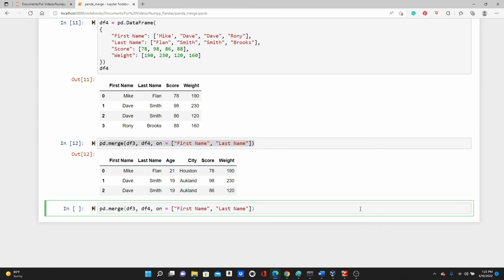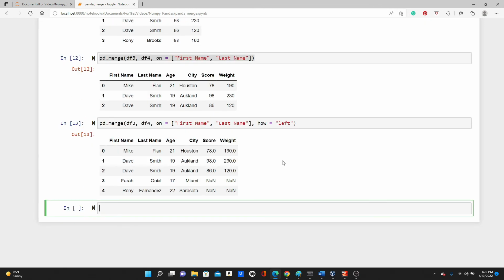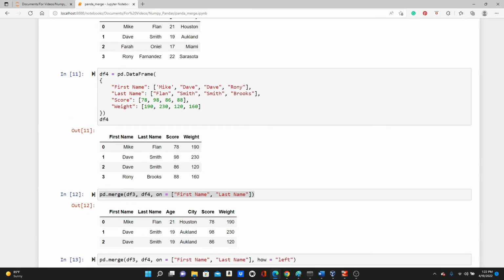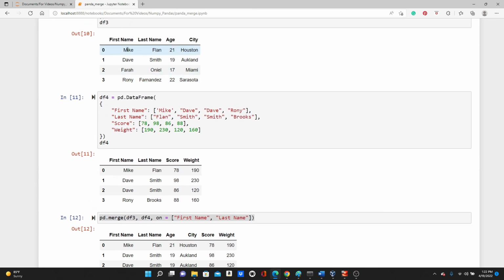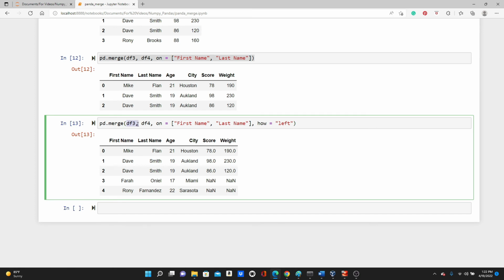We can do how left and right, inner and outer. So you can see for left we have Mike, Dave, Farah, and Ronnie, because this time DF3 is the left, so we are going to get all the names that are present in the left side first.